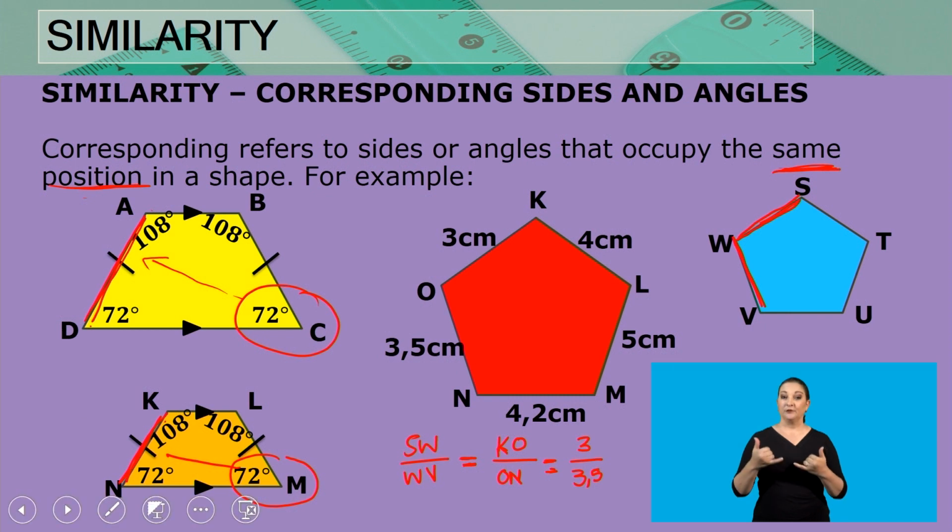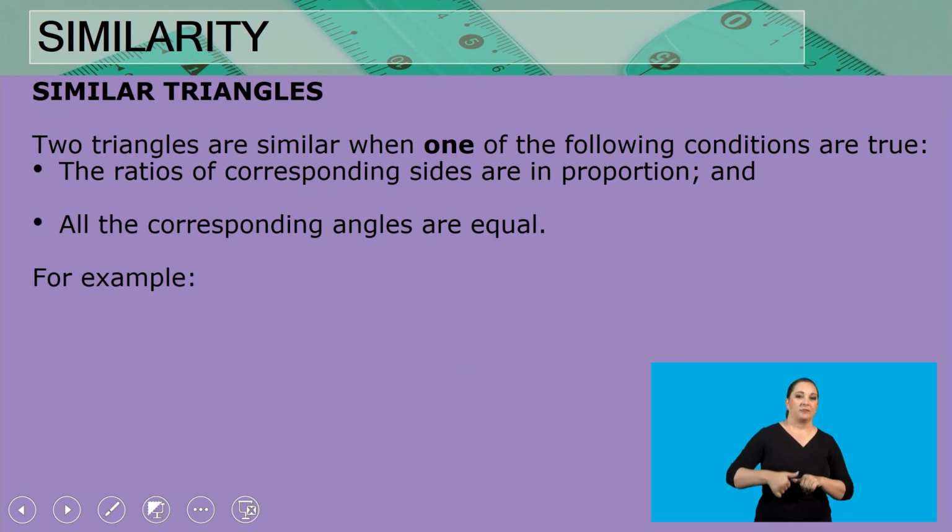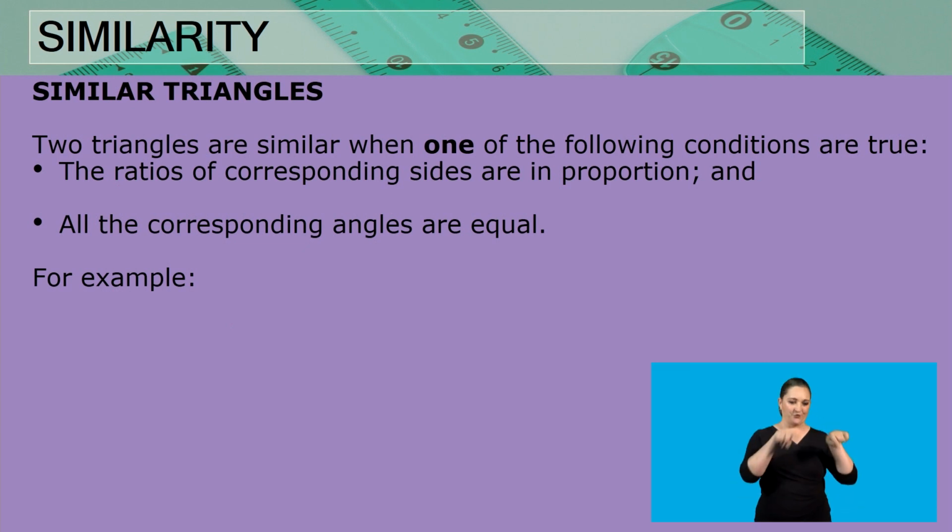Let's move on to our next slide, which is similar triangles. Now, when we are working with two triangles that are similar, one of the following conditions must be true. So either the ratios of corresponding sides are in proportion, or all the corresponding angles are equal.